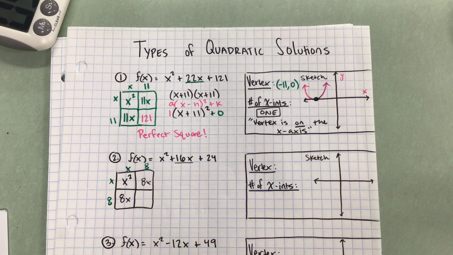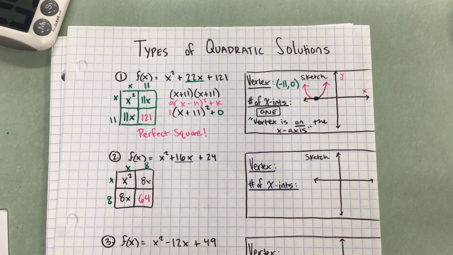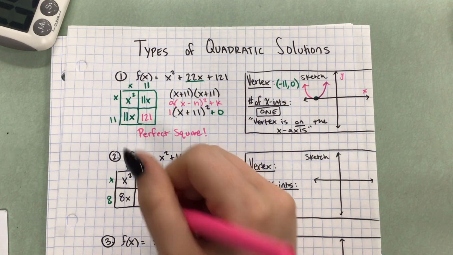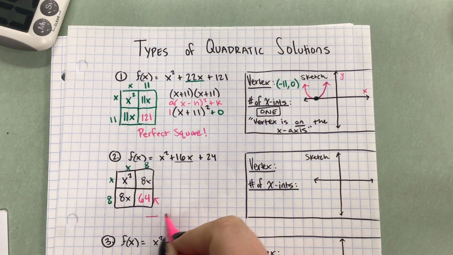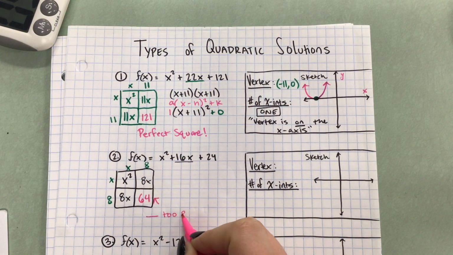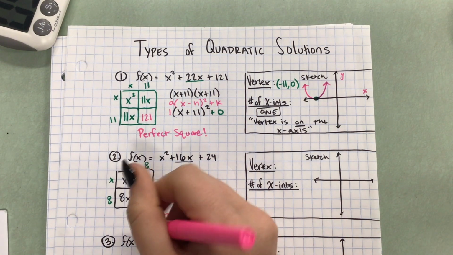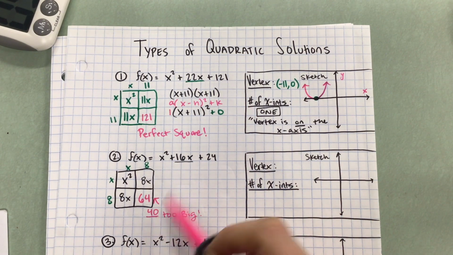So the value that needs to go here is 64. But we wanted it to be 24. So if this 64 is in place, it's too big by how much? So it looks like it's 40 too big. 64 is 40 more than 24.